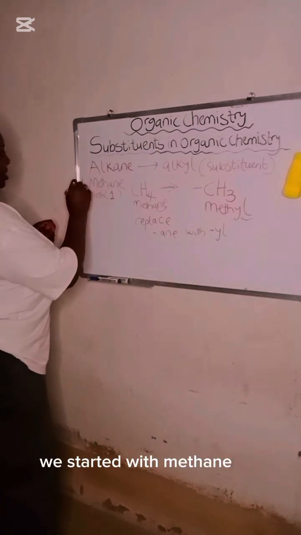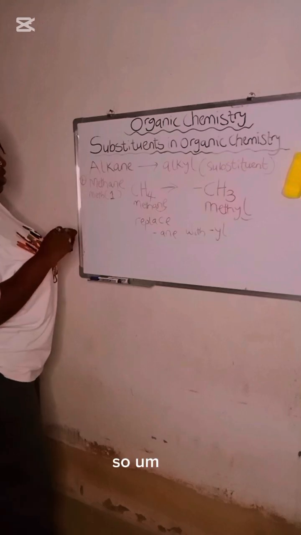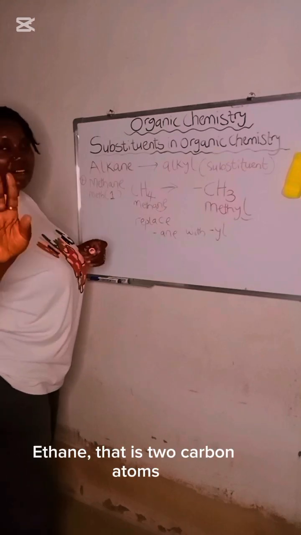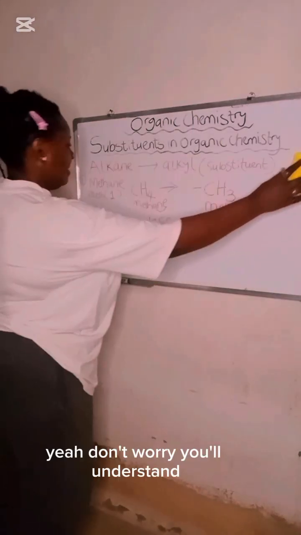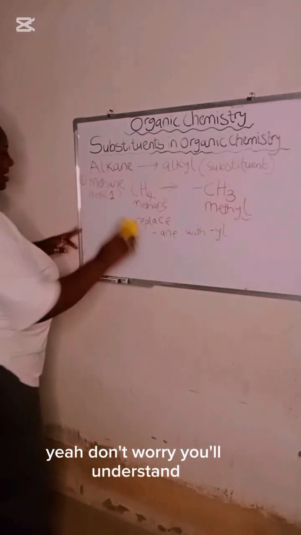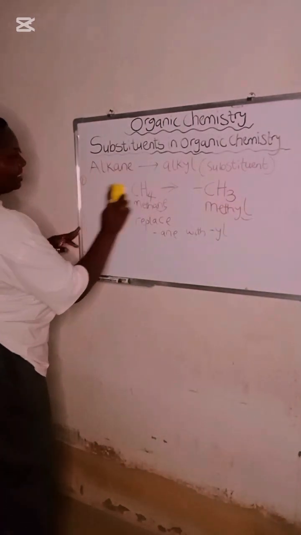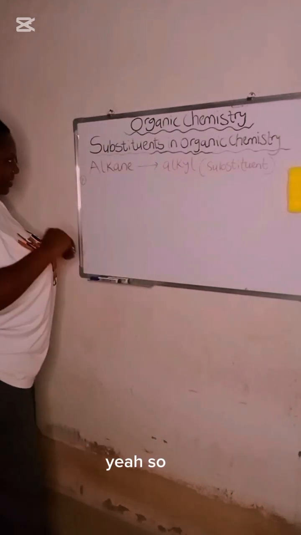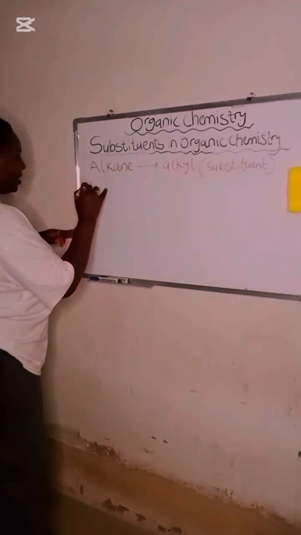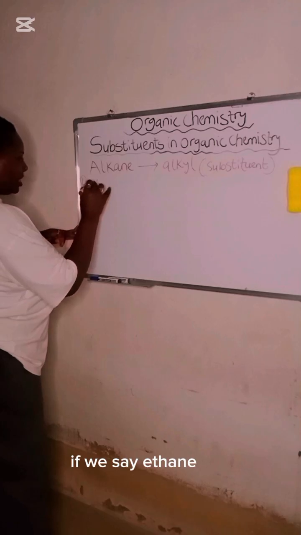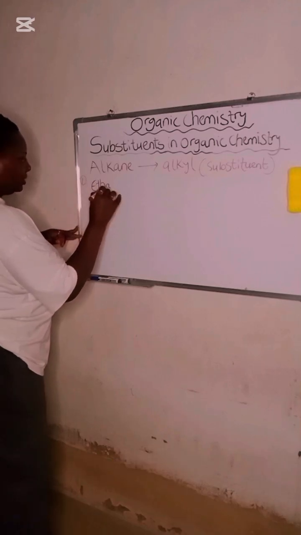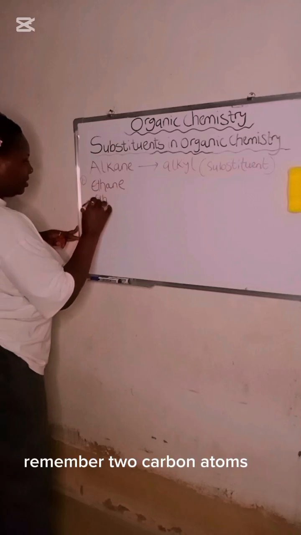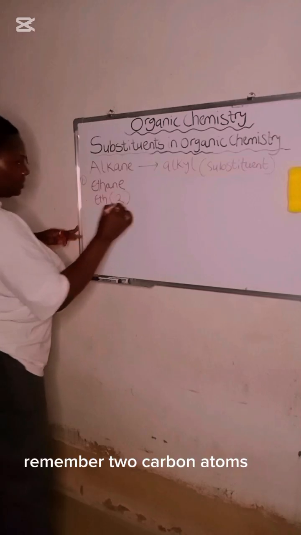We started with methane, so we'll take ethane. That is 2 carbon atoms. Don't worry, you understand. I'll break it down for you to understand very well. So if we say ethane, this is the eth. Remember? 2 carbon atoms.